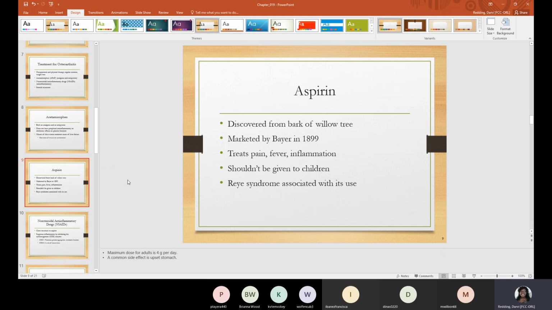Now, when a person takes aspirin, it's known to help treat pain, fever, and inflammation. It's very, very important to know aspirin should not be given to children. The reason why it should not be given to children is because Reye's syndrome would be associated with that effect. Reye's syndrome, which you might be wondering what that represents, might be pronounced Rye, so Ray or Rye, either or.